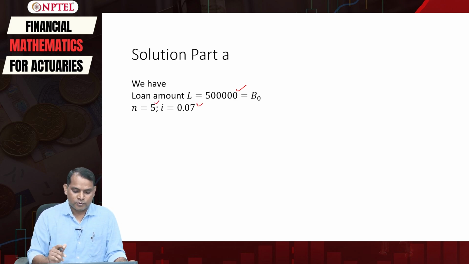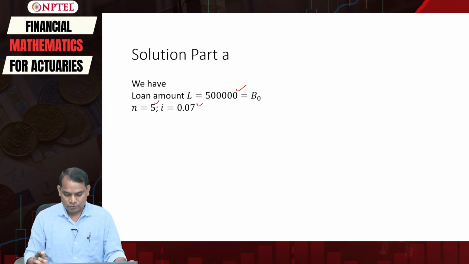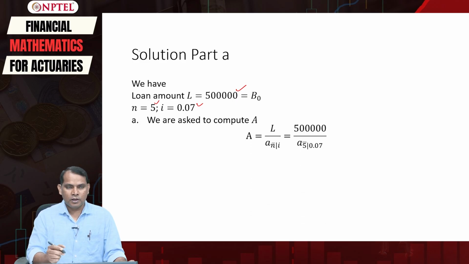Let us now compute the A. We can use the formula which says A is equal to L upon a angle N at i. So N is 5 and i is equal to 0.07.